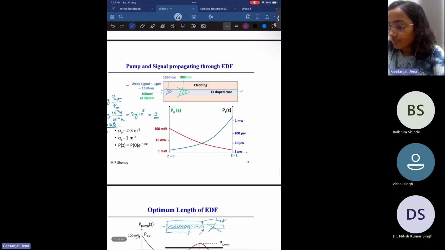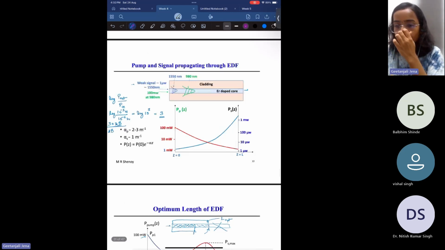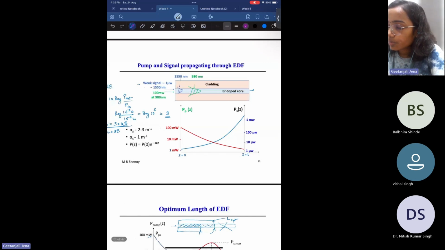Now we'll see, if you want to find out what is the gain in a medium. It's a schematic of an EDFA fiber, so there is a core which is used as a gain medium and it is doped with erbium ions. And there is a cladding. Because of the refractive index contrast, we see a propagating guided mode in this core layer through total internal reflection.